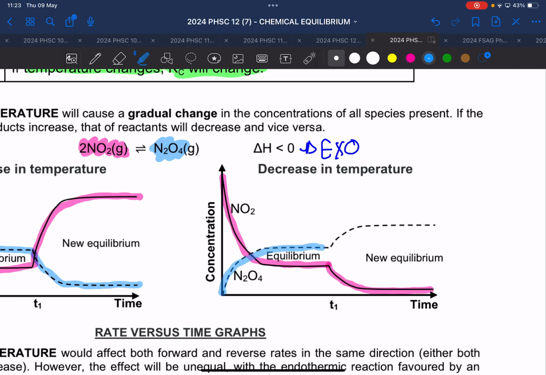It reached an equilibrium. We decreased the temperature, so our forward reaction is favored because it's our exothermic reaction. So we will take the NO2 and turn it into more N2O4. Forward reaction is favored, so our products' concentration will increase.